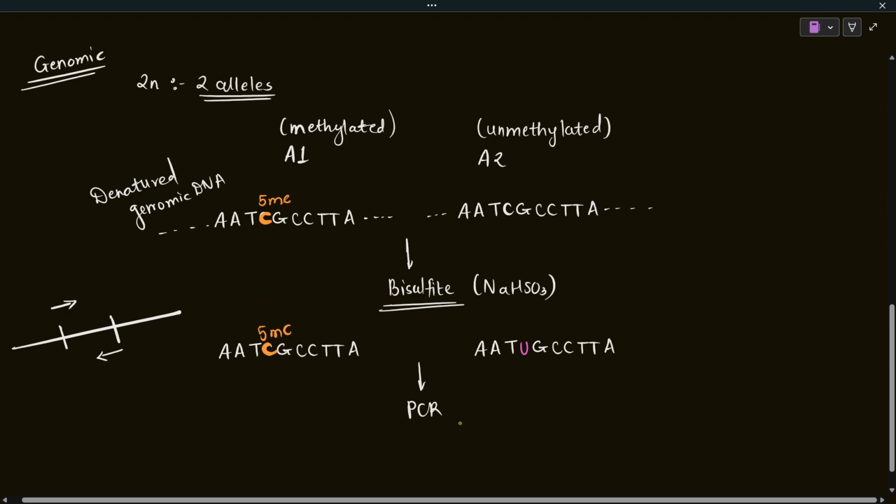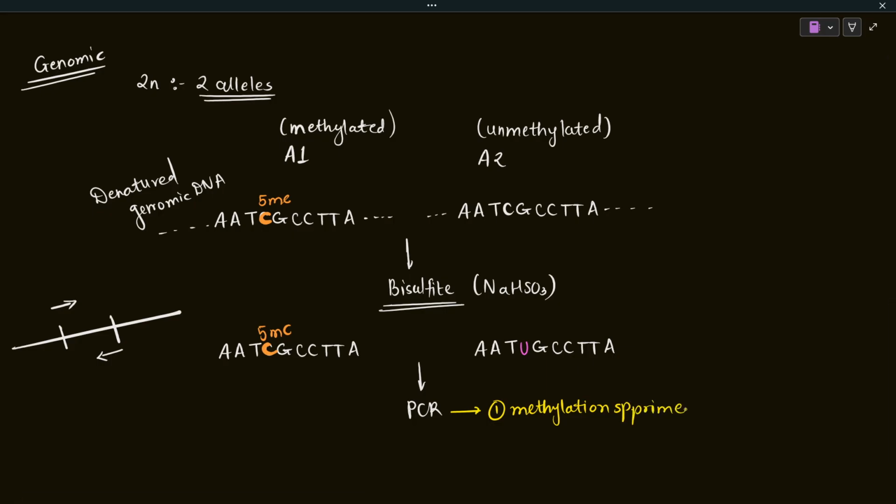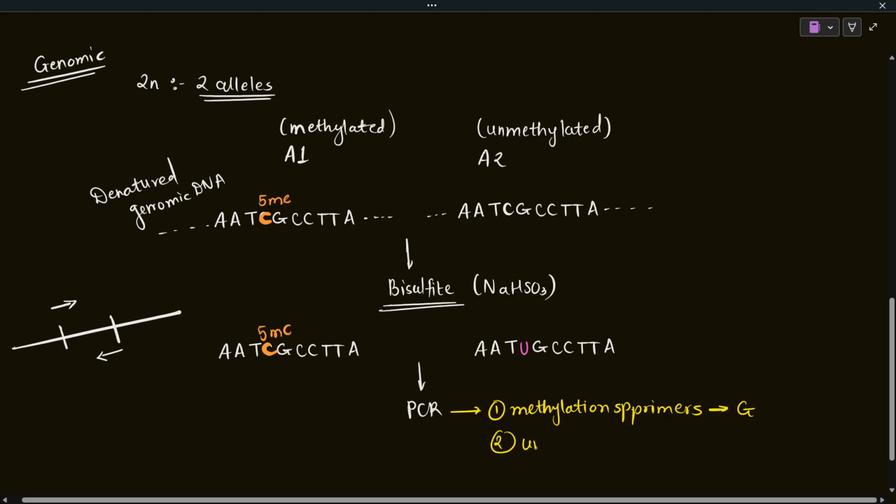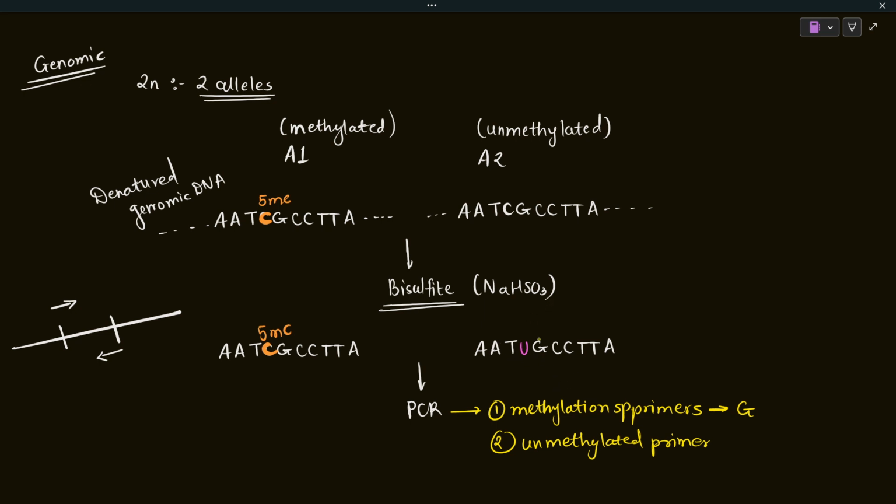One set will be methylation specific primers. In those primers, the complementary sequence of C will simply be G. While in the unmethylated primers, the primers for the sequences which are unmethylated, you will instead, see what I was trying to say.